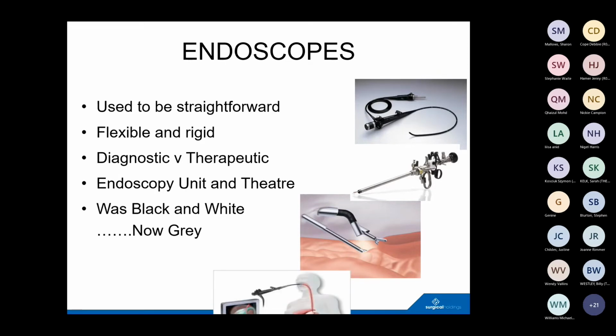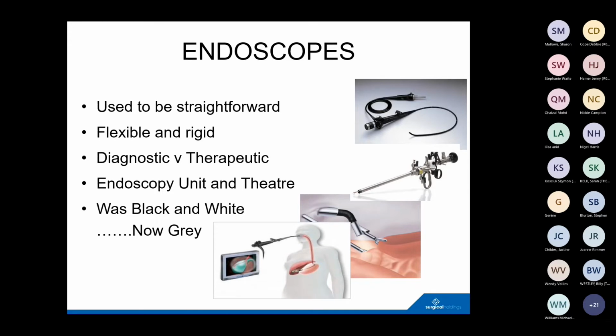And from the flexible side, there's been more and more therapy done. This is a diagrammatic representation of procedures which were NOTES, or natural orifice surgery. This was a procedure that was being mooted some years ago in the States, which was taking a gallbladder out through the stomach, the throat.